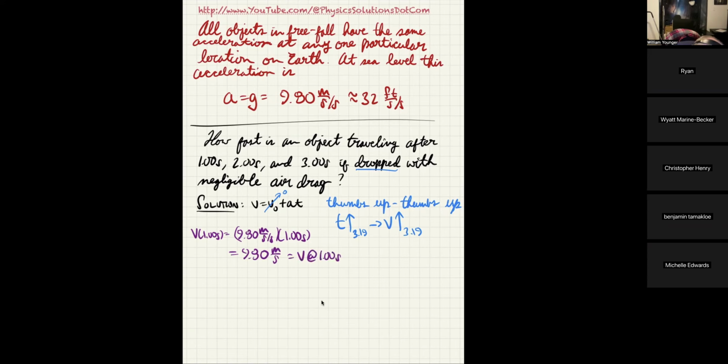So that's the velocity after 1 second. Now, you could use the fact that it's thumbs up, and say, oh, if I double the time, I must double the velocity. So that would tell me that the new velocity is going to be 19.6. If I triple the time, then I'll triple the velocity. So the new velocity would be 3 times 9.8, which is 29.4, something like that.